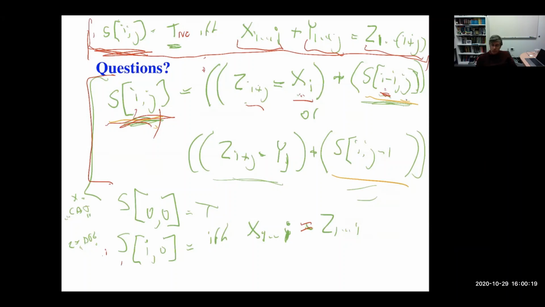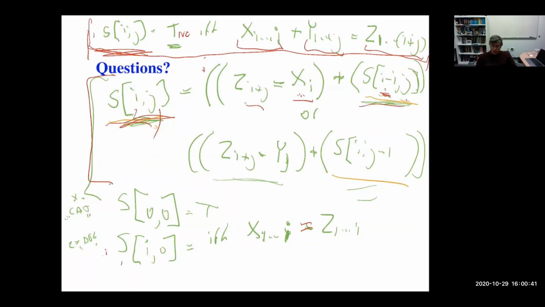Do you see what the reasoning here is? A legal way to do the shuffling will exist if the last character of X equals the last character of Z, and there's a way to shuffle everything except those last characters. That's this.